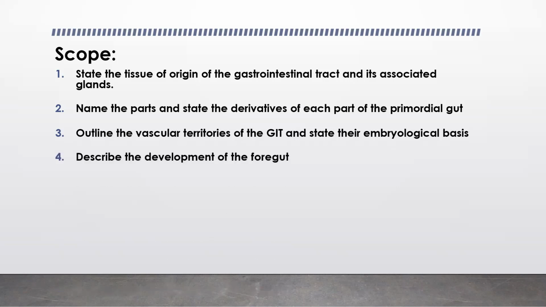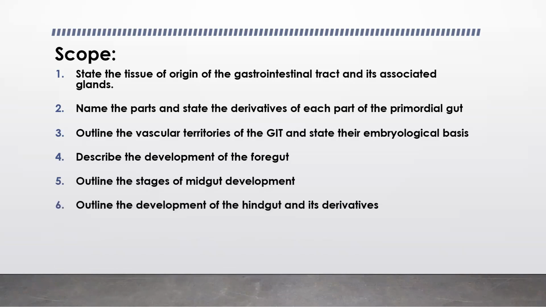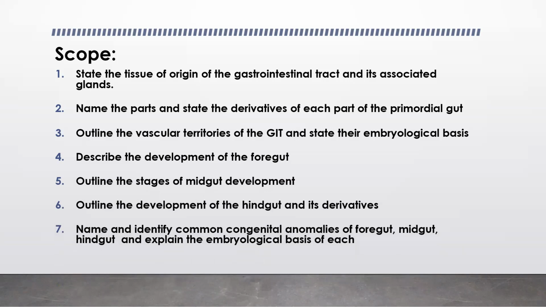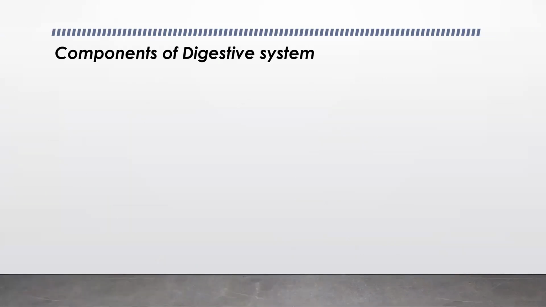The other one will be to describe the development of the foreguts, the development of the midguts, and the development of the hindguts and their derivatives. And then we'll talk about the various congenital anomalies of the GI, that is foregut, midgut, hindgut, and maybe try to explain the embryological basis.